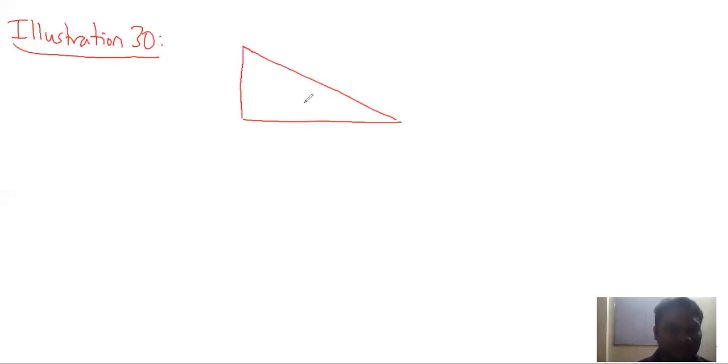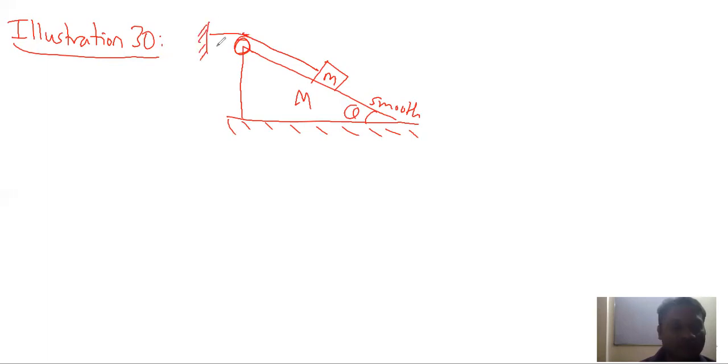This is the wedge, capital M mass. On it, we have a block of small m mass. Angle is theta, and the surface is smooth. And this is the horizontal ground. Then we have a pulley here, which is fixed, and this string is further connected to a wall as shown. So in this case, we have to find what?